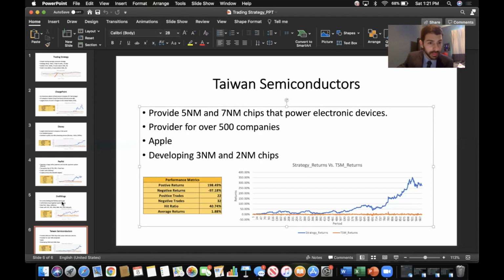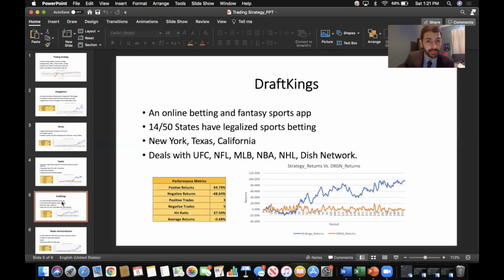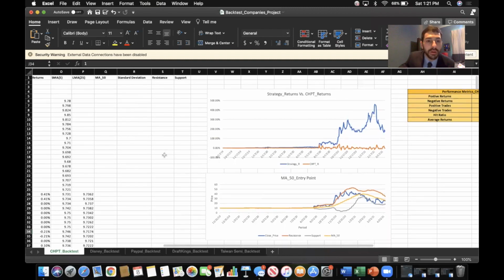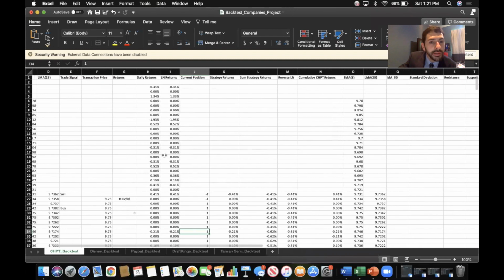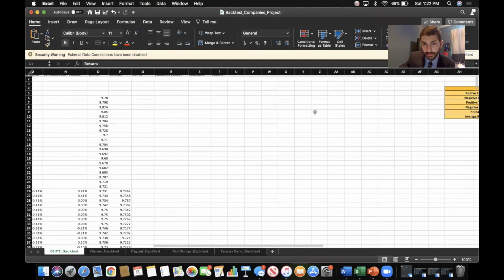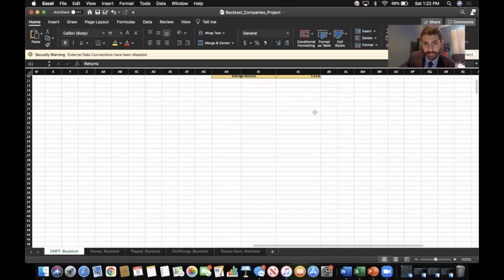So this is a little bit of why we like these companies, a little bit of our trading metric. I'll present the Excel file that we created. So you can see that I have trade signal, transaction price, return, daily log return, current position.